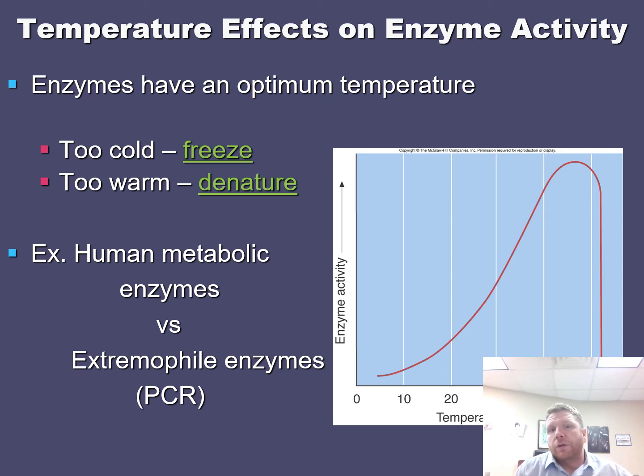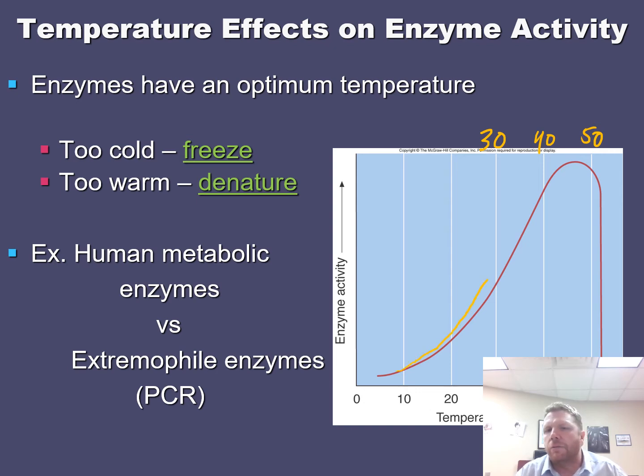And enzymes within human cells are going to be optimal at that temperature. If it's too cold, are they going to exhibit some activity? They sure are, but it's going to be lower. Now, this shows 30, 40, and 50 degrees. What we see is an enzyme's activity at a low temperature is low.